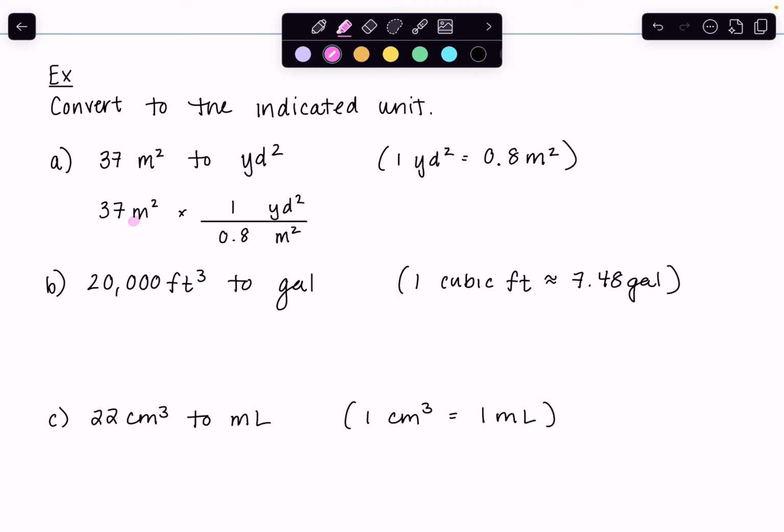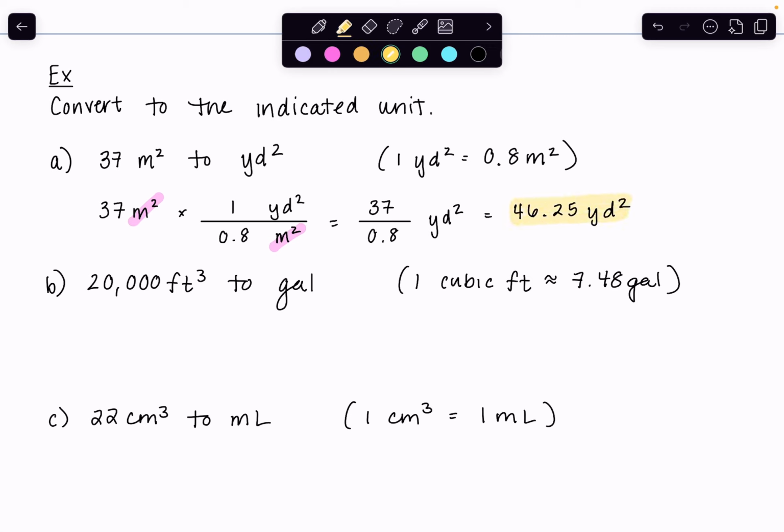I'm left with a 37 in the numerator, a 0.8 in the denominator, and the only unit remaining is yards squared. So going through that division, 37 meters squared is about 46.25 yards squared. So again, much nicer to not have to do the two conversions.